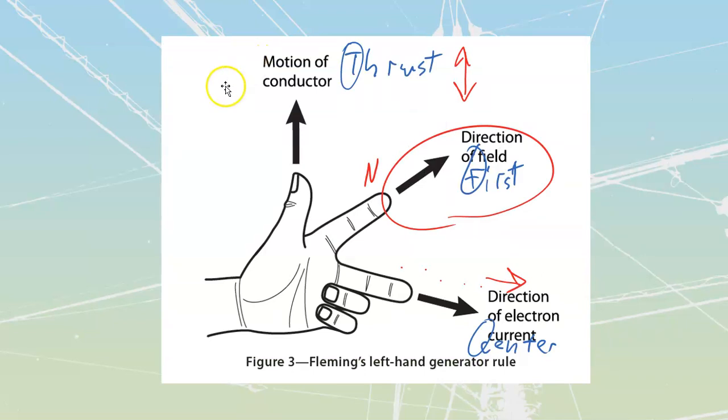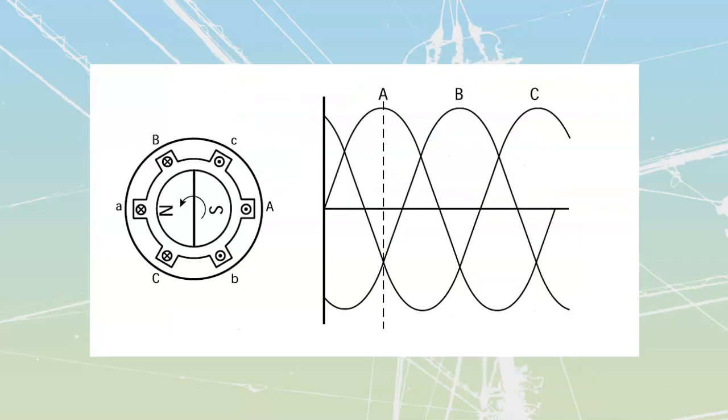If the conductor is moving in one direction, it's the exact same thing as if we had the field moving in the opposite direction. So we see that we are moving the field, which is the same as if our thrust was going in the opposite direction. Since I have the field moving in this direction over here, my thrust on the conductor is going to be in that direction.